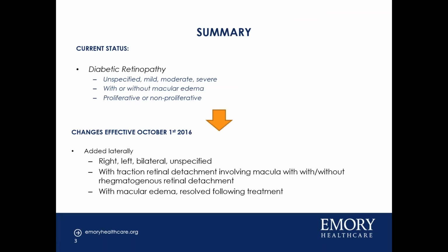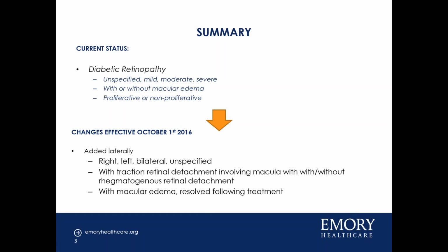So what we've done is put together some terms that we think will help you find the most specific code available for a given problem. One of the big things this year was diabetes, and diabetic retinopathy was one of the ones where they've just added laterality for the most part.